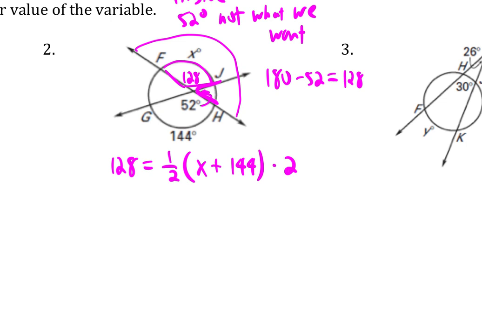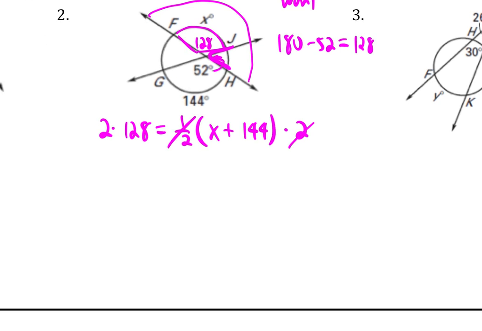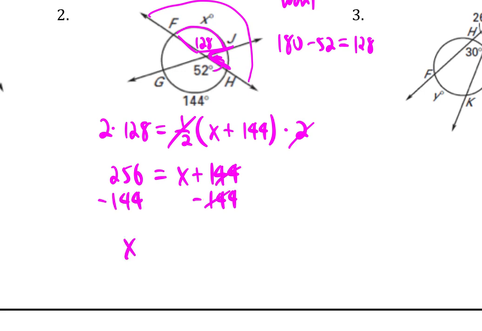I would do times 2 on both sides. 2 times 128 is 256, which equals x plus 144. How do we undo the plus 144? Minus 144. So x is going to be equal to 112 degrees.